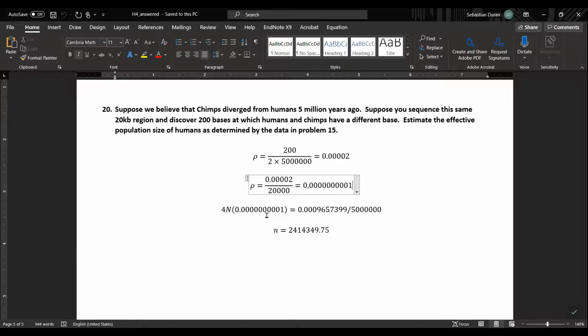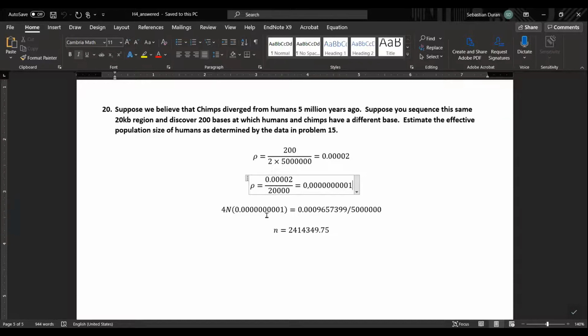And the rest of the problem said, suppose you knew what theta was in humans, and you've used something like this as an estimate of theta in humans, 9.6 times 10 to the minus 4th. It's a pretty good estimate right there. And this thing's a little confused at the end. This 5 million thing is a little weird. It shouldn't be there.